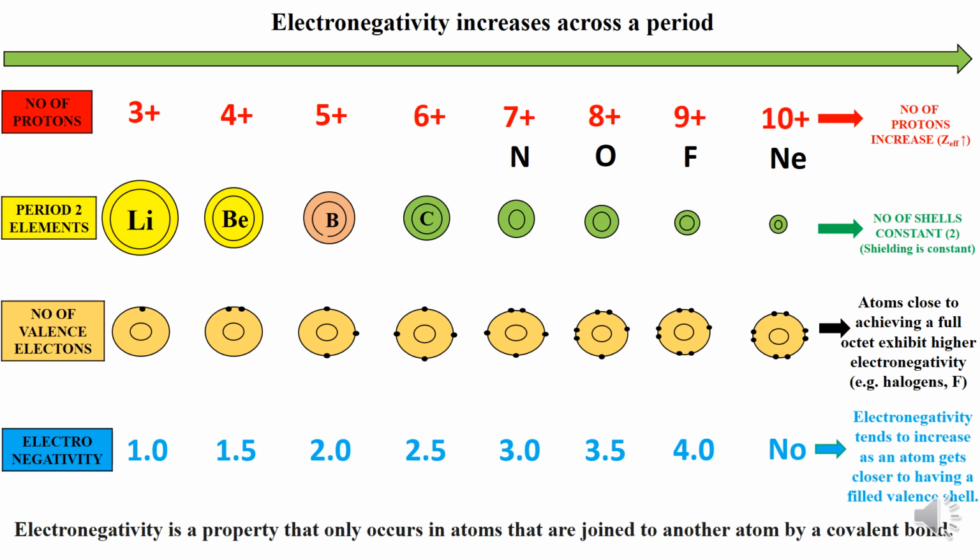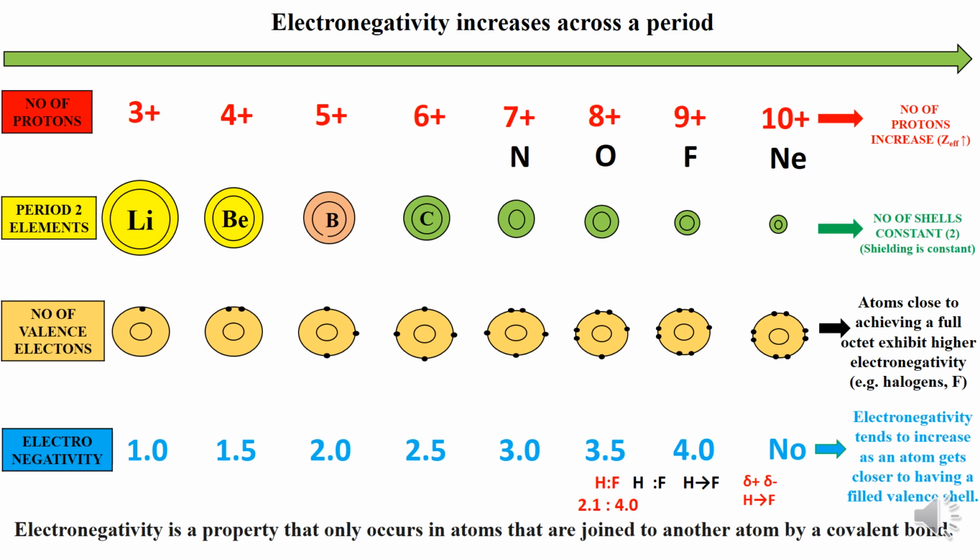The nuclear charge, the size of atom, shielding effect, and stable electron configuration. So all these factors collectively contribute. So it is not that one factor is governing the electronegativity of an element in the periodic table. So all these 4 to 5 factors collectively contribute towards its electronegativity in the periodic table.